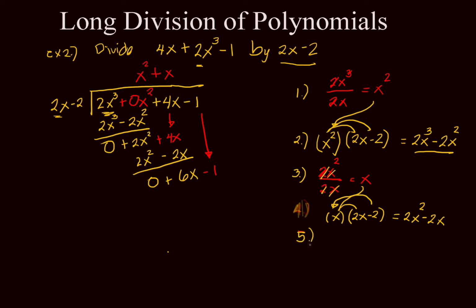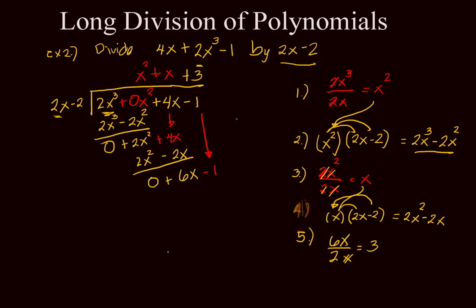Again, divide our first term by our first term. So that will just give us 6x divided by 2x. We could cancel out our x. 6 divided by 2 will just give us an answer of 3. We place our 3 on top of our negative 1.